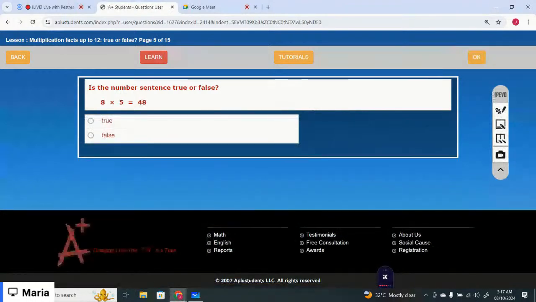Is the number sentence true or false? 8 times 5 equals 48. So, which is the correct option?